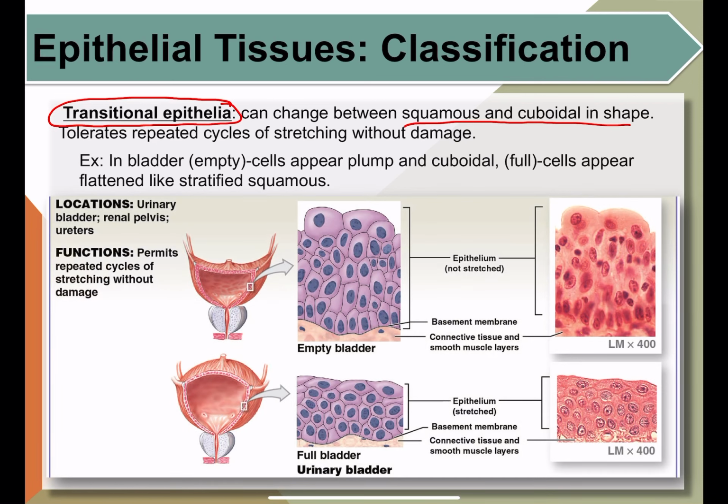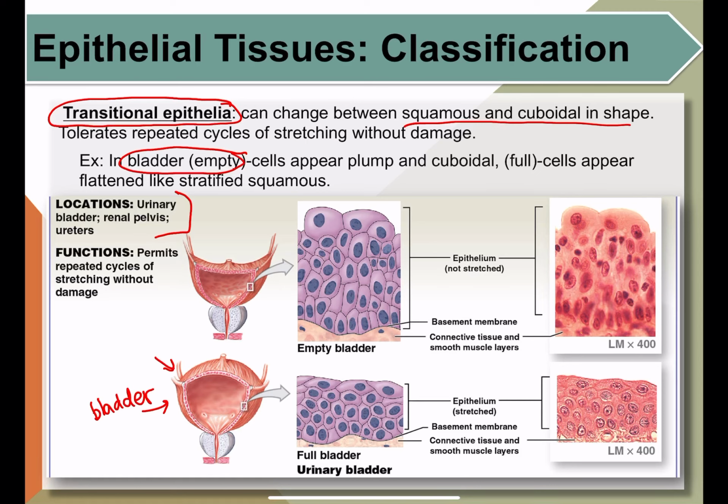Again, there's not a lot of places in the body that has this type of epithelium. Transitional epithelium is usually in the urinary bladder, renal pelvis, and ureters. Everything that has to do with the urinary system kind of has this transitional epithelium. So this is, for example, the bladder.